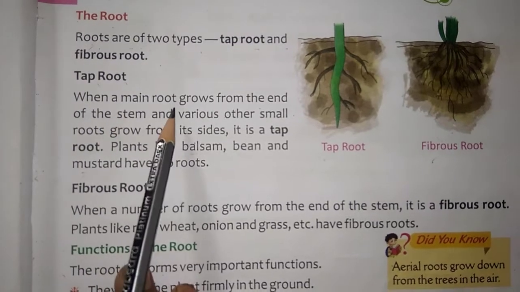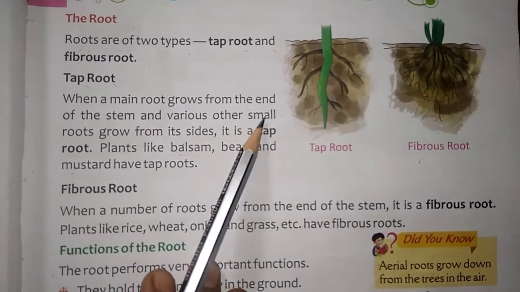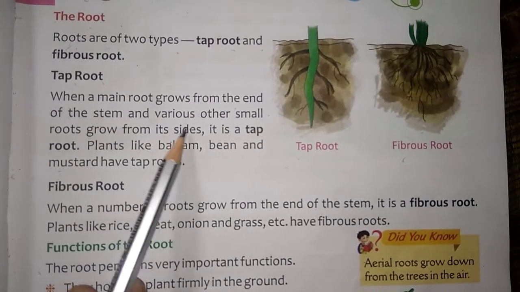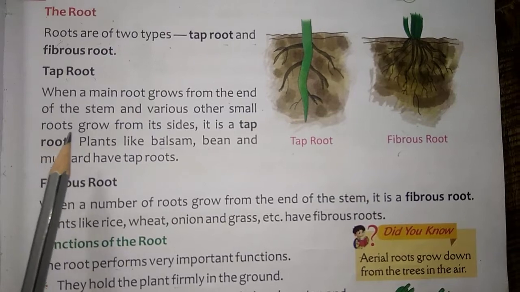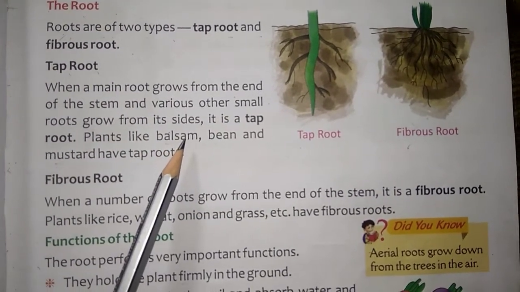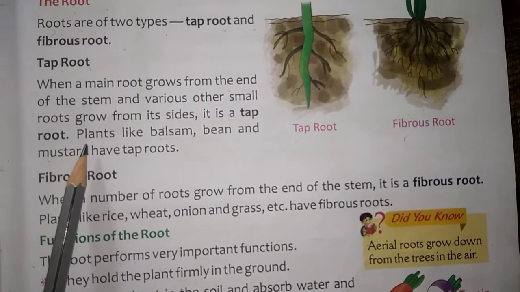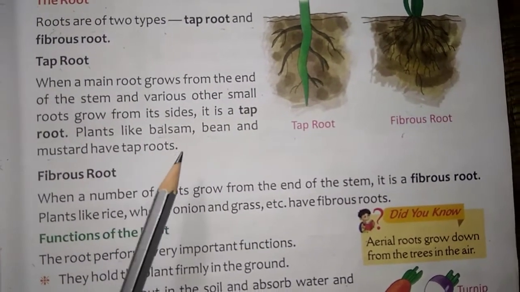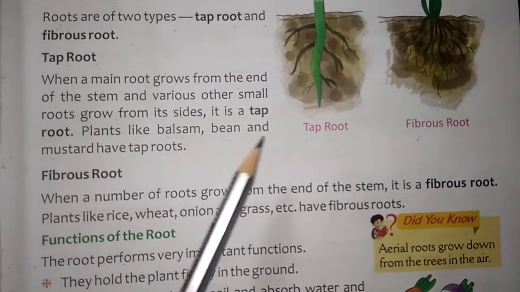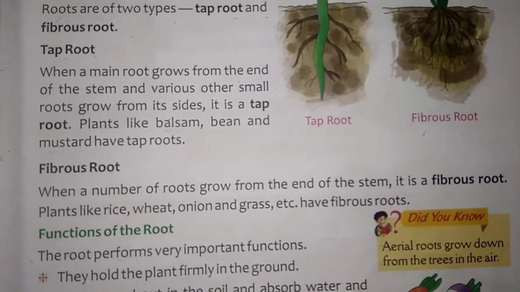When a main root grows from the end of the stem and various other small roots grow from its sides, it is a taproot. Plants like balsam, bean and mustard have taproot.